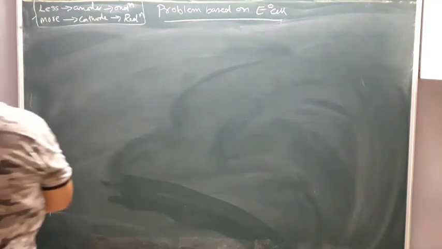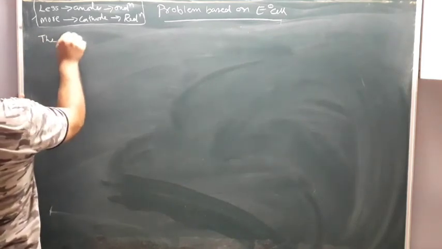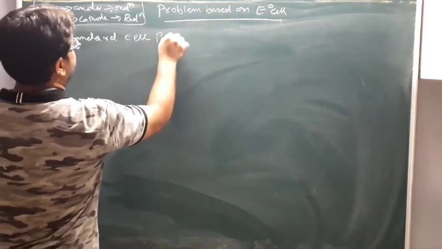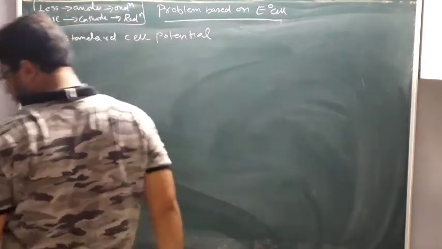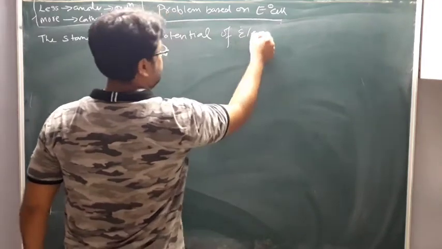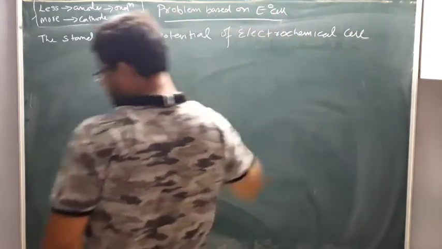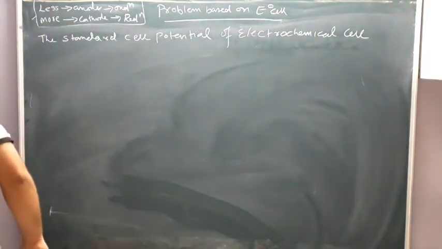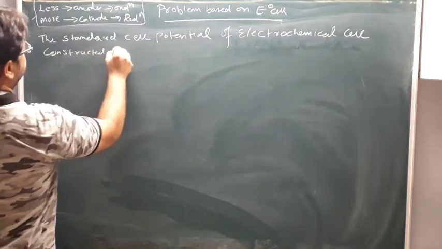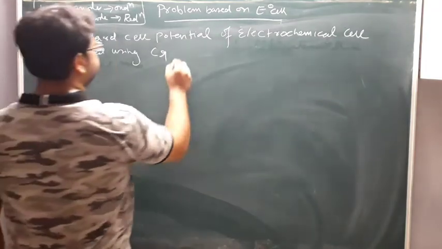The question says: the standard cell potential of the electrochemical cell constructed using chromium and sodium.